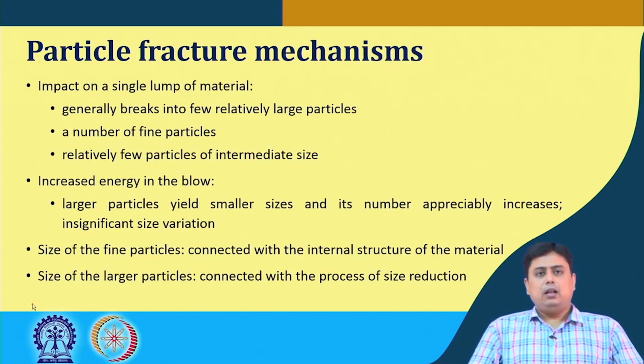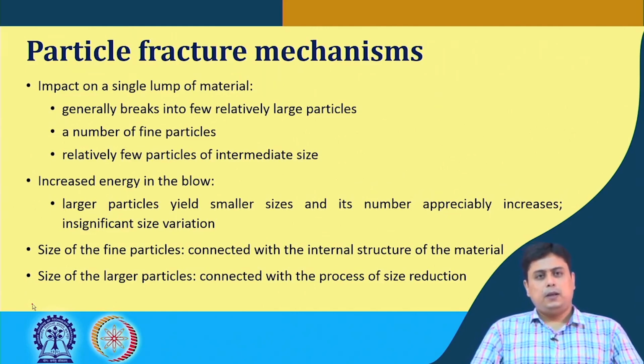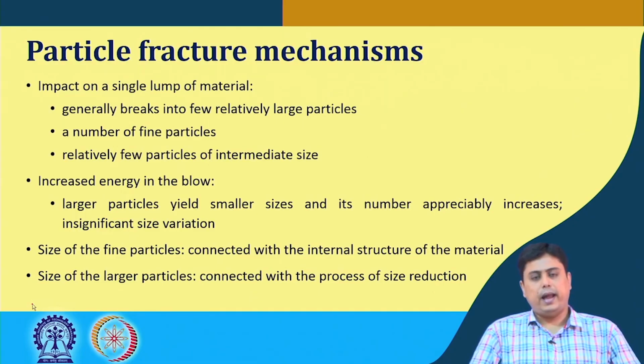So, for particle fracture mechanism, say you have taken a big lump of particle and there is a single impact on that with a certain intensity of energy or force. Generally it breaks into a few large particles and a number of fine particles, plus relatively few particles of intermediate sizes.